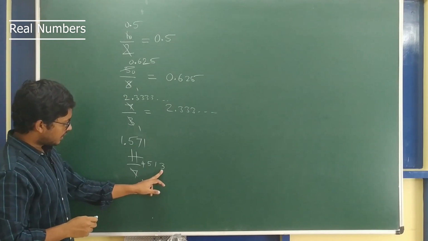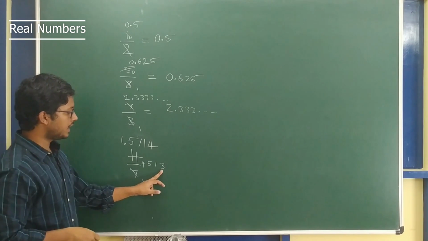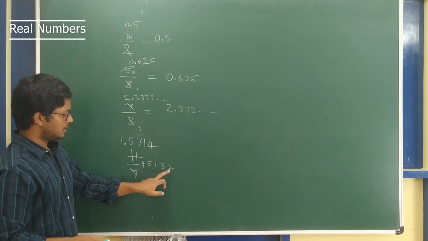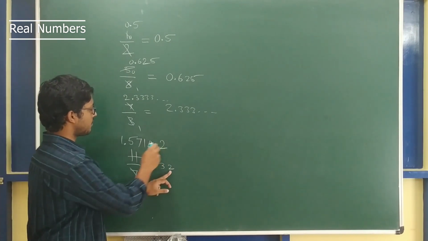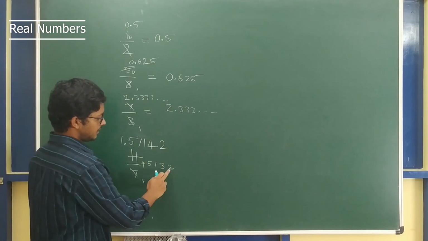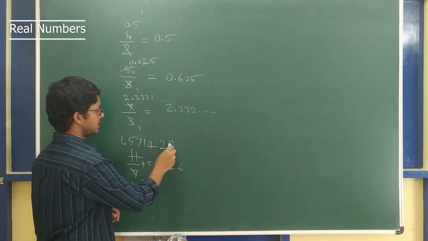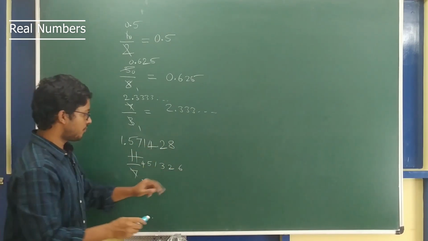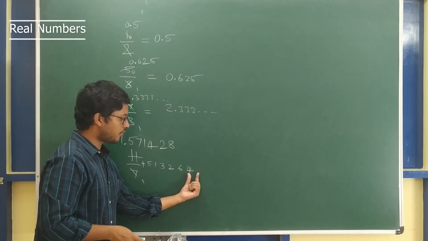This becomes 30. 7 4s are 28, 2 remained. Then 20. 7 2s are 14, again 6 remained. It becomes 60. 7 8s are 56, 4 remained. Once 4 remained, it becomes now 40.